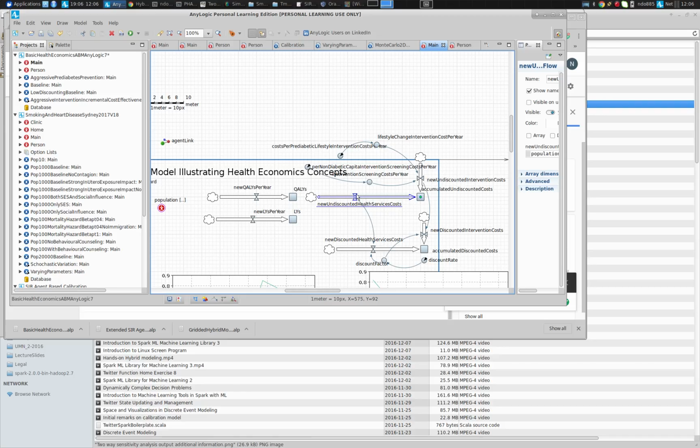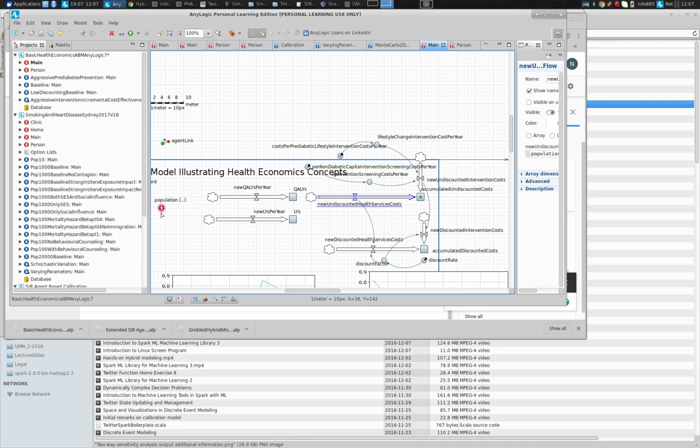How are we going to get the value of this flow? Well, okay, we have to collect that data from lots of people. Where is this construct in AnyLogic where we can total things up or average things out or take the maximum over the entire population? Indeed.